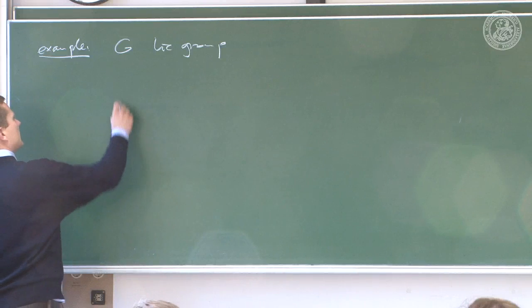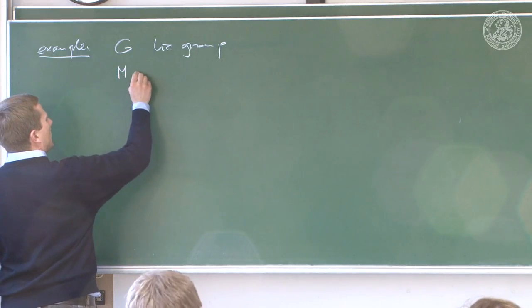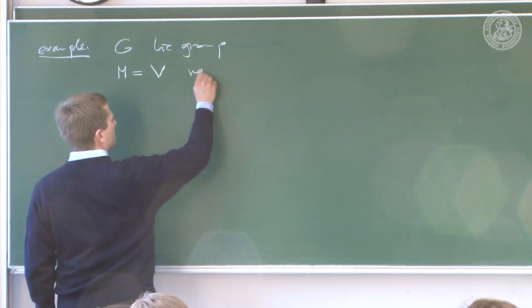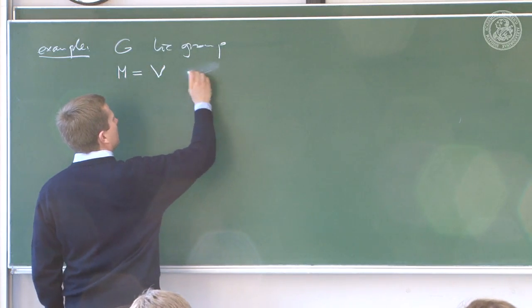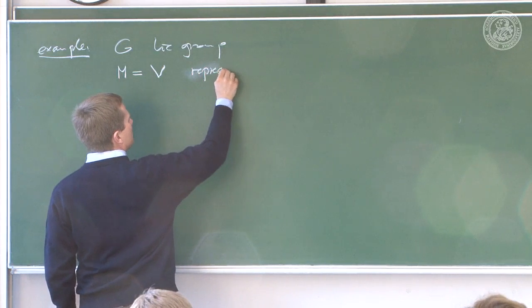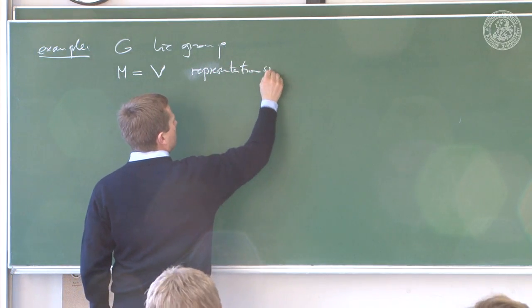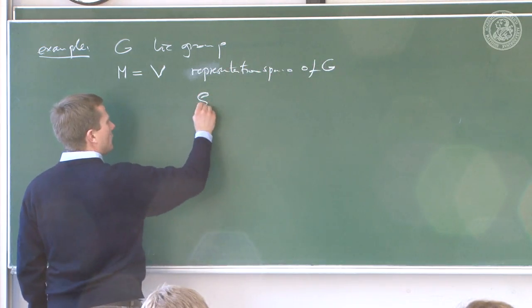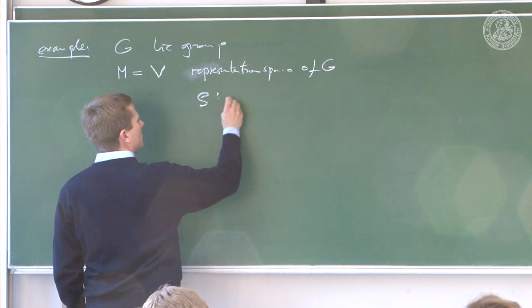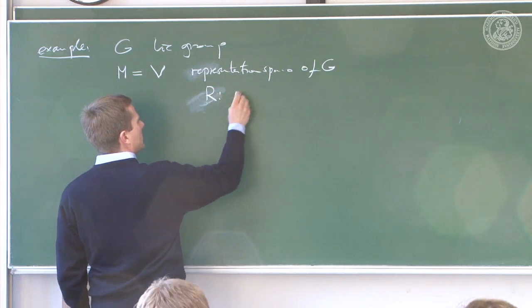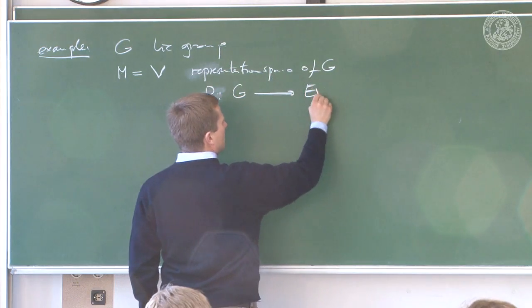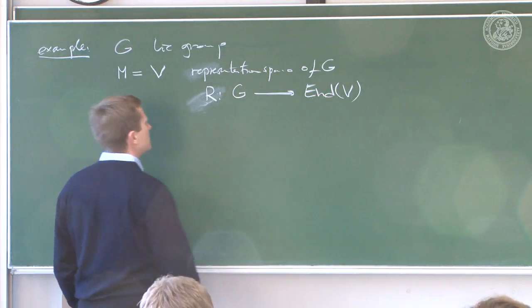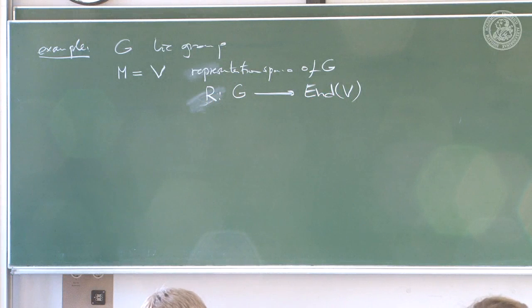And I can choose as the manifold a vector space, and not any, I choose this representation space of G that comes with a linear representation, capital R, that takes the Lie group into the endomorphisms over this vector space. Well, we said we have such a representation.